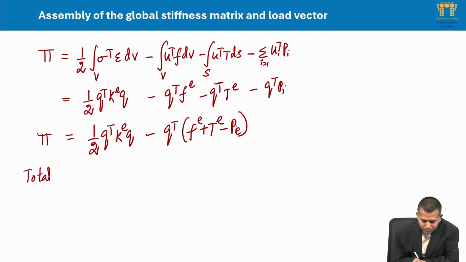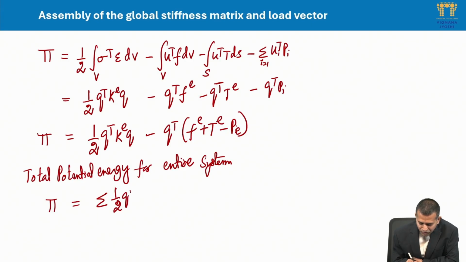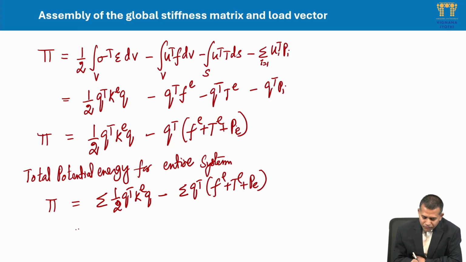This is for one element. If you want the total potential energy for the entire system, you have to write it as the summation of half Q transpose K Q minus the summation of Q transpose into Fe, Te, plus Pe.